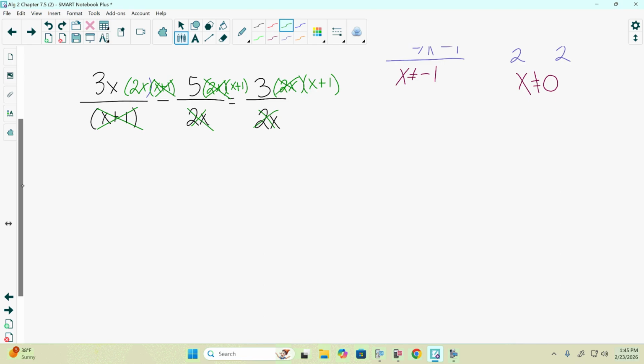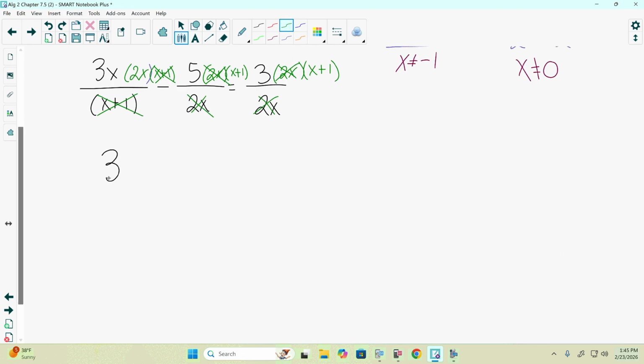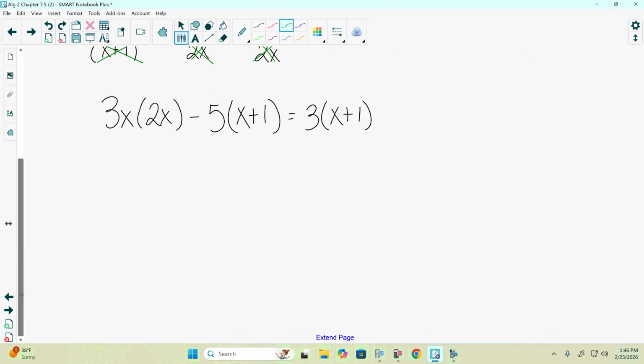And what that leaves us with in the first expression, we still have the 3x and the 2x minus 5, and it's being multiplied by x plus 1, and this is equal to 3 times our x plus 1. So multiplying by 2x and x plus 1 got all three denominators to reduce down, leaving us with this here.